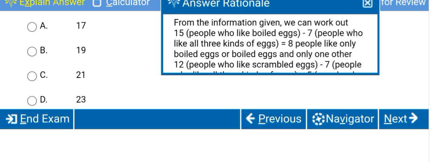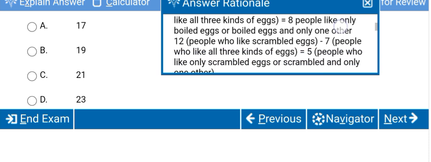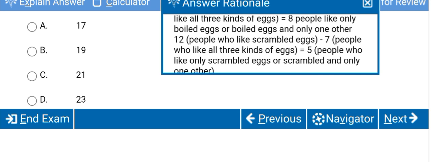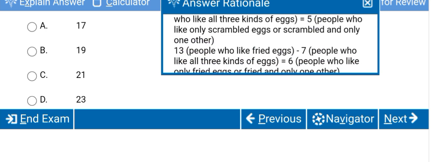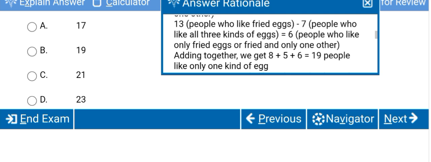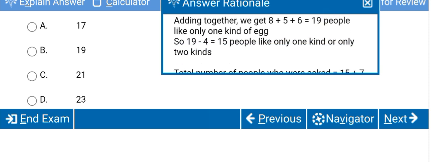From the information given we can work out 15 minus 7 equals 8 people like only boiled eggs or boiled eggs and only one other. 12 minus 7 equals 5, and 13 minus 7 equals 6. Adding together, 8 plus 5 plus 6 equals 19 people like only one kind of egg.